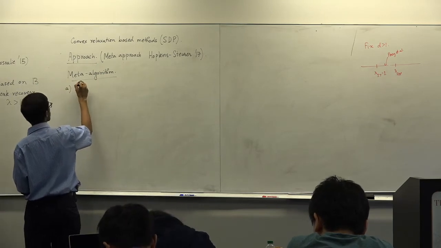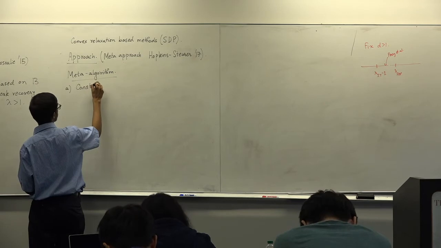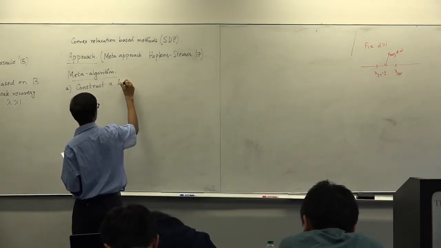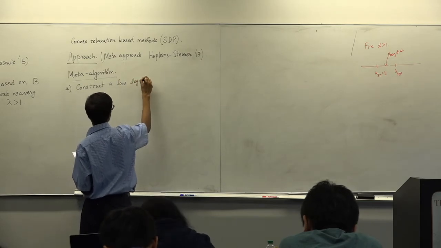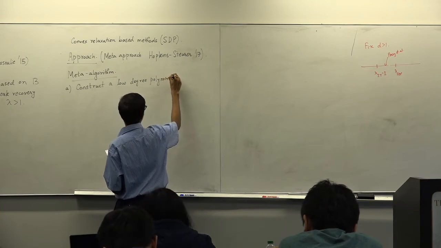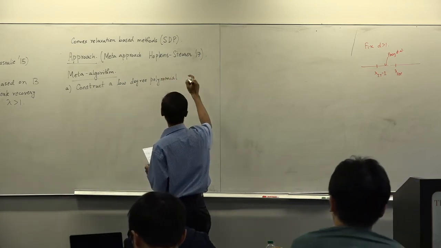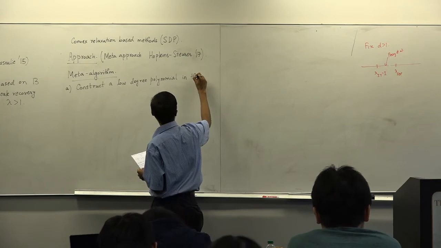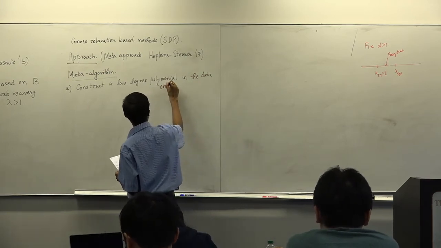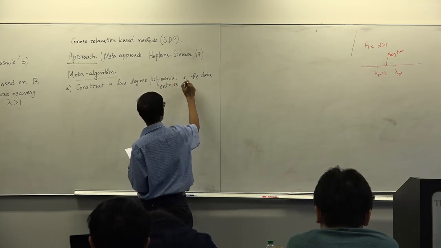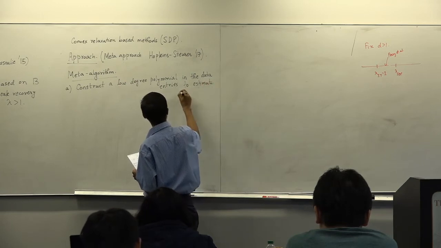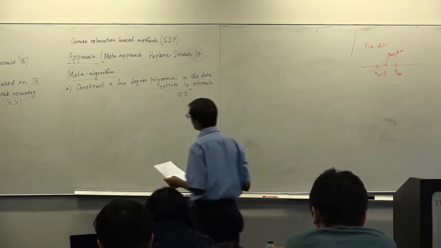The first step is to construct a low degree polynomial in the data entries to estimate, in this context, something like sigma outer product.